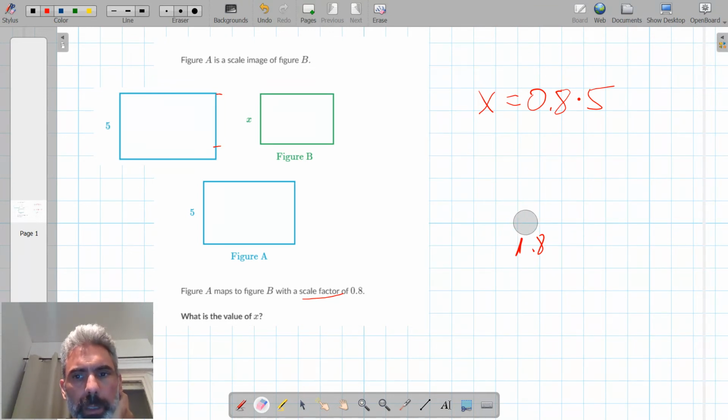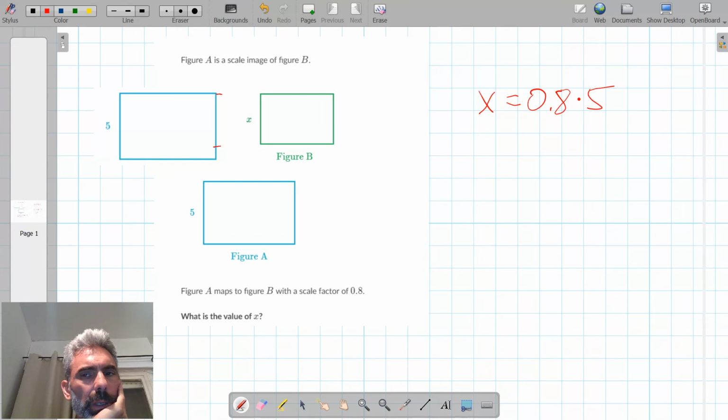But they mean that when they say with a scale factor of 0.8, yeah, that x is 0.8 of 5.